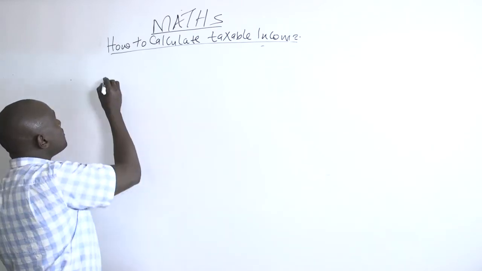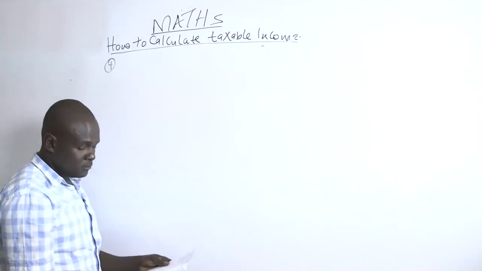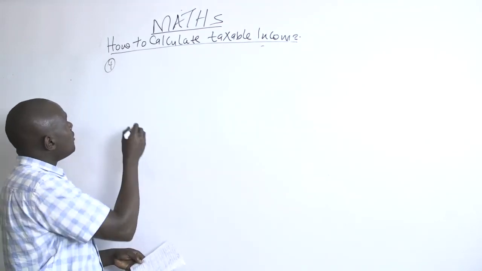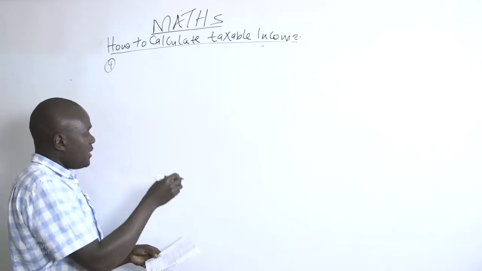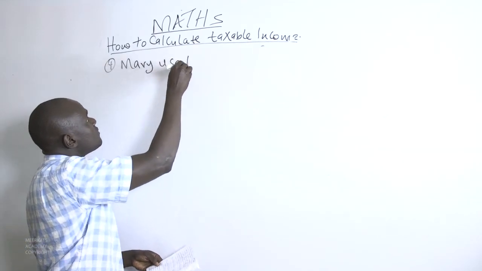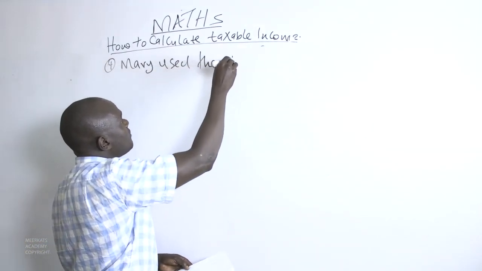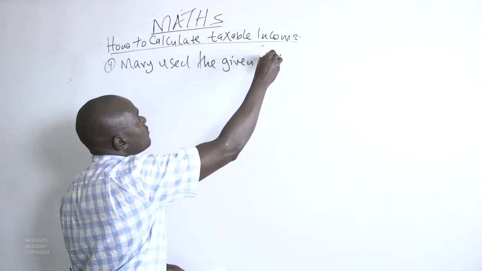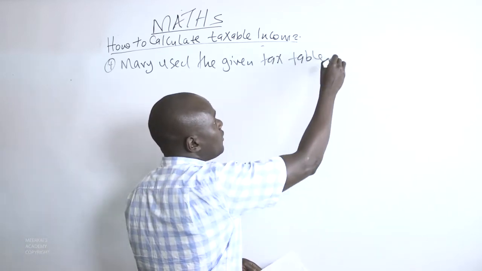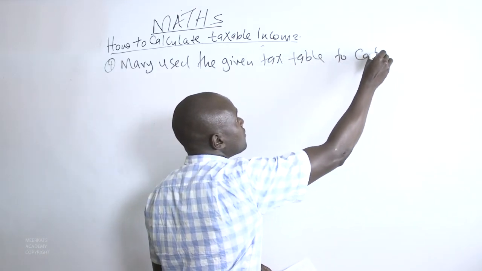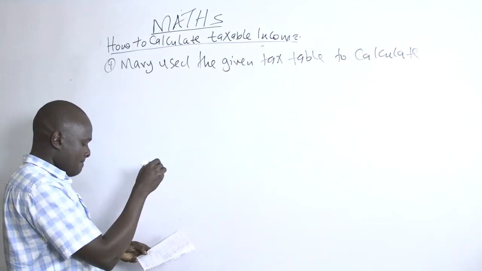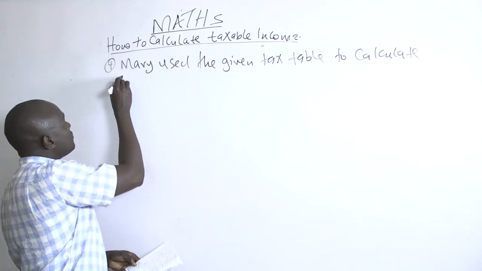Our fourth example, where we are told someone by the name Mary used the given tax table to calculate her income tax payable.